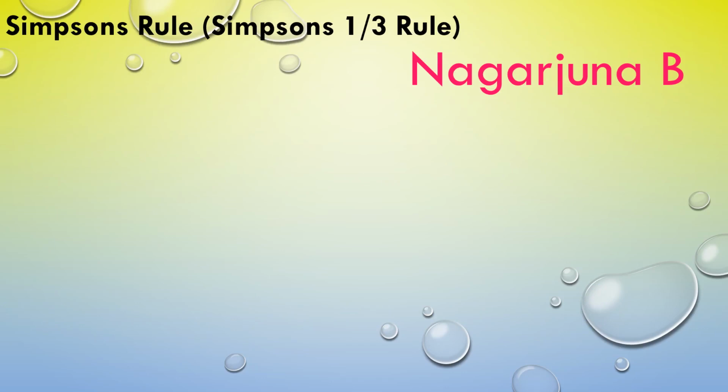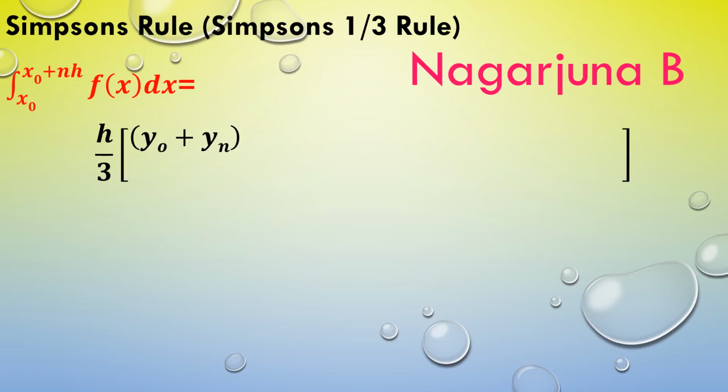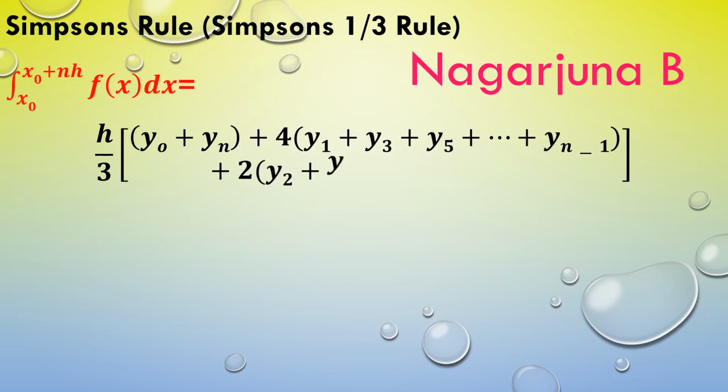The formula to find the integral of a given function by using Simpson's 1/3 rule is: the integral within the limits x0 to x0 plus nh of f of x dx is equal to h by 3 [y0 plus yn plus 4 into (y1 plus y3 plus y5 etc. up to yn minus 1) plus 2 into (y2 plus y4 etc. up to yn minus 2)].